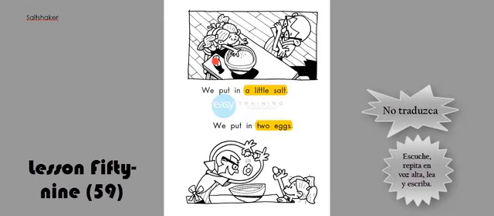This little recipient or container is called salt shaker. And the girl says, we put in a little salt, just a little. We are making cookies. Esto pudo decirlo ella también. Yo tomo el lugar de ella y lo digo. We are making cookies.